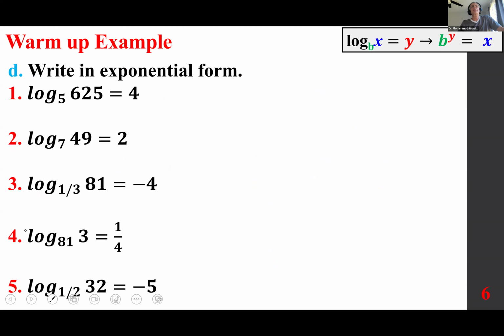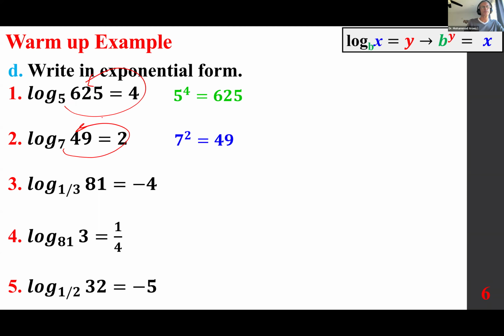We want to write this in exponential form, and all we have to do, go with the arrow, everybody. 5 to the power of 4. So log base 5 of 625 equals 4. That means 5 to the power of 4 is 625. Log 49 base 7 is 2. 7 squared must be 49.